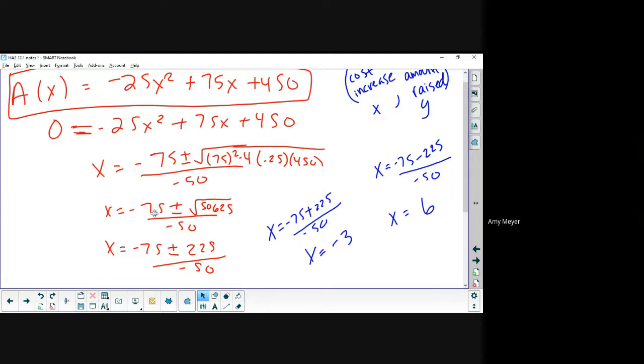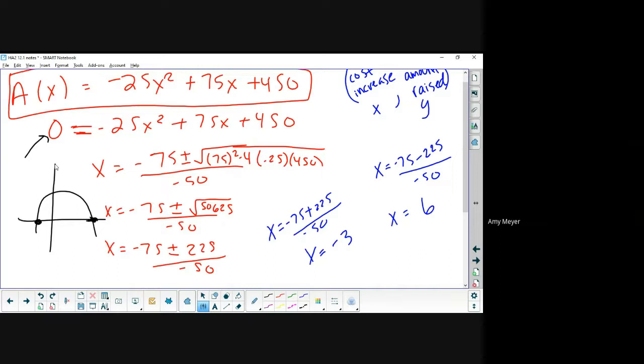Which, if you think about it, didn't we plug in a 0 for y? And aren't these the points when our height is 0? That will happen every time. When you're solving, you're getting the x-intercepts, which is a height of 0 in the y direction.